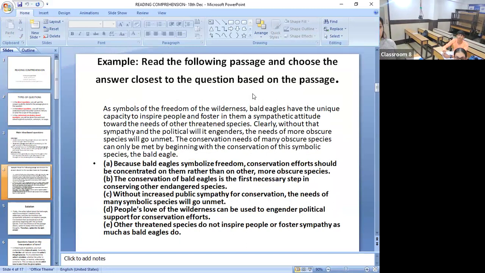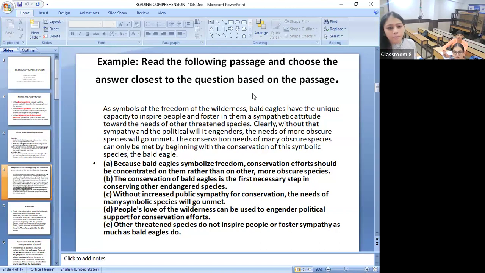So what did you choose? C. Without increased public sympathy for conservation, the needs of many symbolic species will go unmet. Why did you take this? Can you explain? What was your reason? Ma'am, I didn't read that the answer closest. No, this will always be closest.